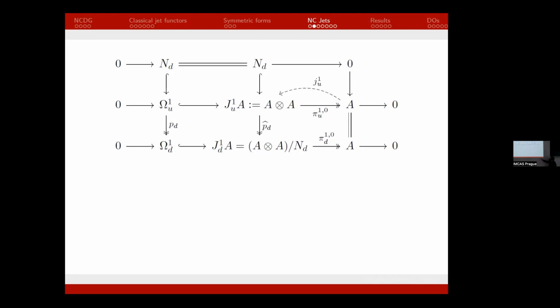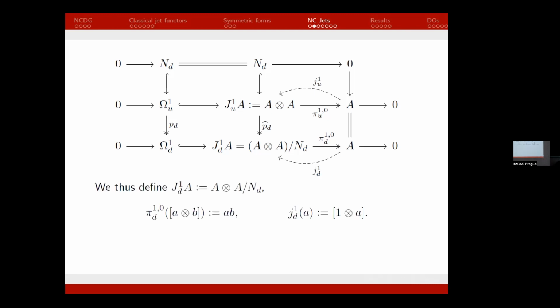Regarding the prolongation, we have the universal prolongation, and if we compose it with the P hat D, of course, we have the prolongation in the general case. Okay, so what we do is we define J1D of A as the quotient of the universal A tensor A over ND.